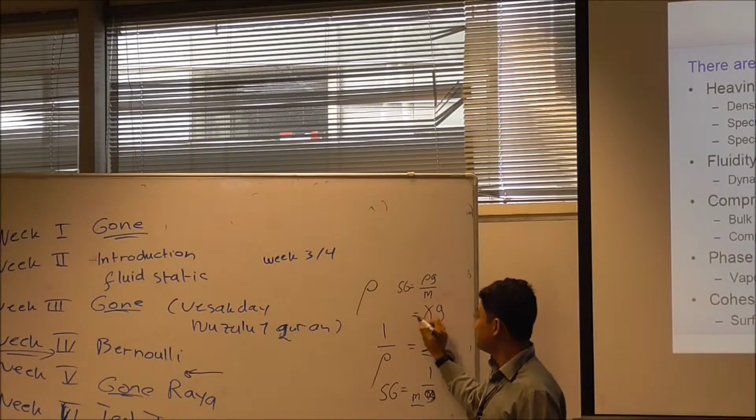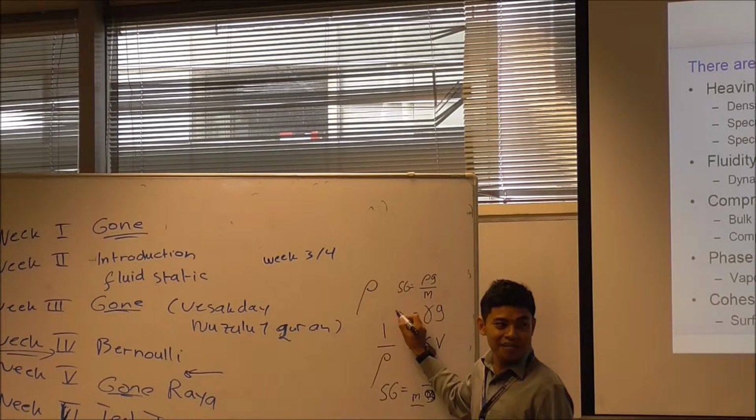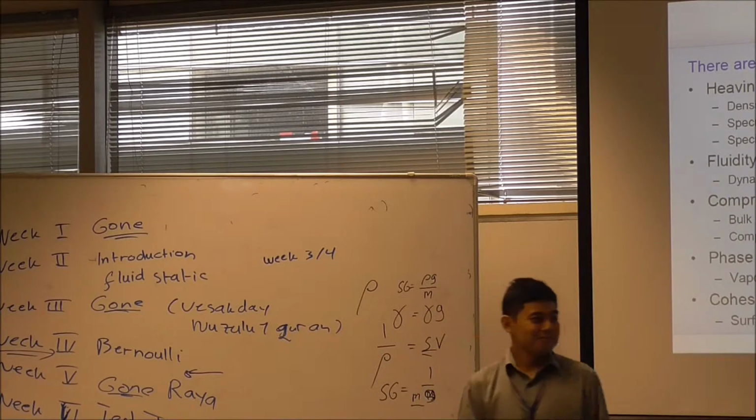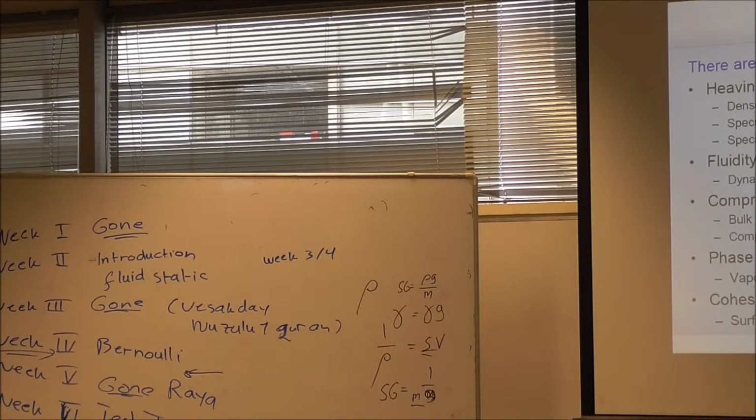Rho g. Is that specific gravity or specific mass, or specific weight? Specific gravity is the weight over the weight of water.